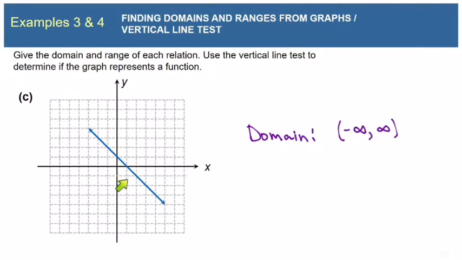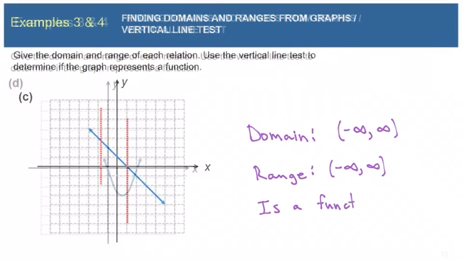And for the range, the same thing. Remember, range is the lowest y value to the highest y value. Clearly, the y values can be as small or as large as you can imagine. So the range will be -infinity to +infinity. And if you try to draw a couple of vertical lines, you'll see that any vertical line you draw will only touch the graph one time. So this is a function.